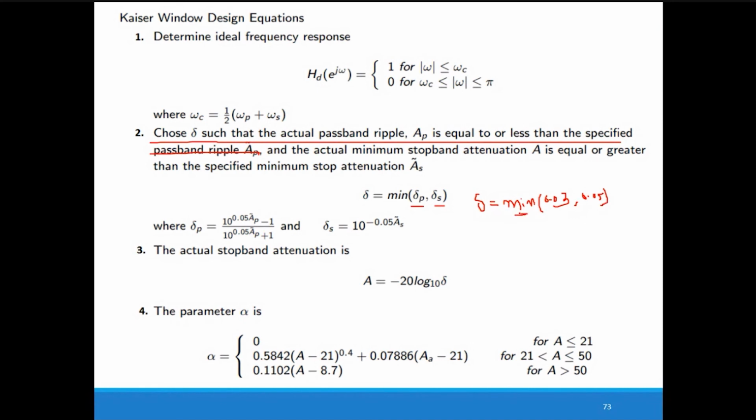You have to select the minimum of these two. Here 0.03 is the minimum among these two, so your delta will be 0.03. This is how you will define this delta, and then utilize this delta for the calculation of A. Hope you are clear.